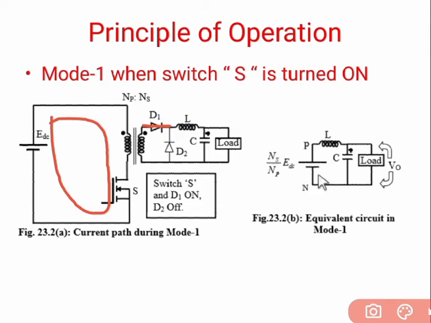One source acts as a DC supply, which is equivalent to NS by NP into the input supply EDC. This is the magnitude which appears across these two terminals, and this is the output voltage. So this is the equivalent circuit when switch S is on, and the voltage available across the load is V0.